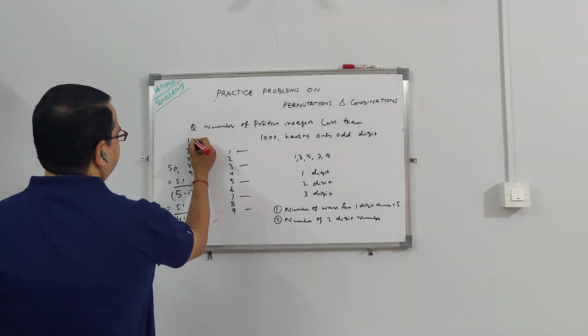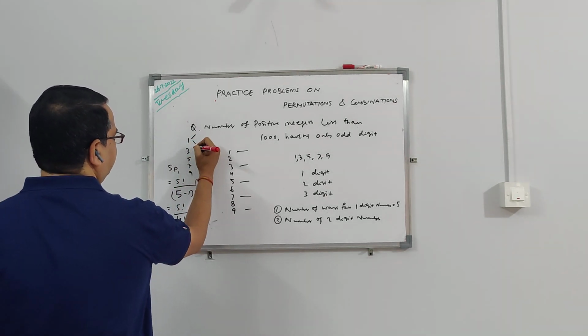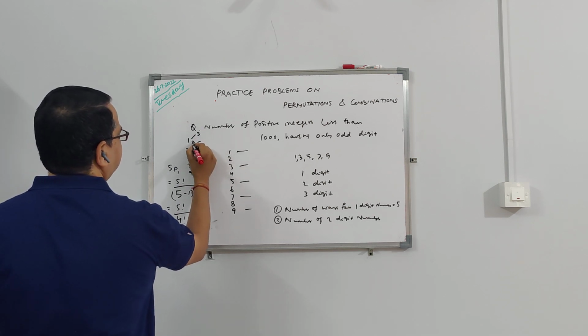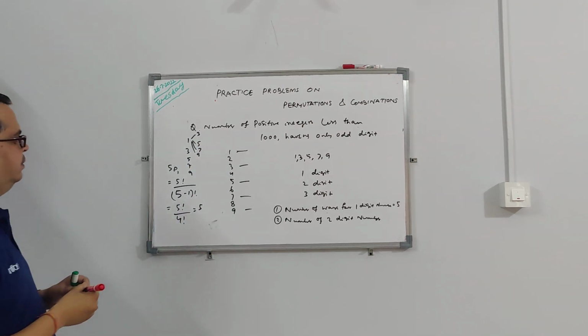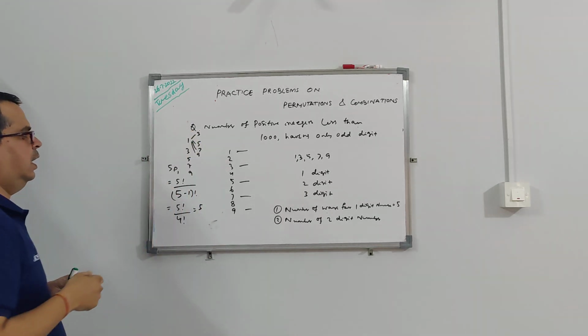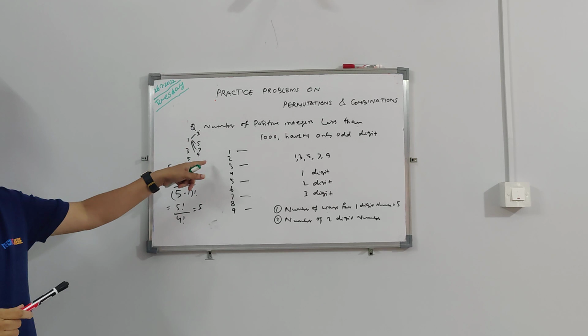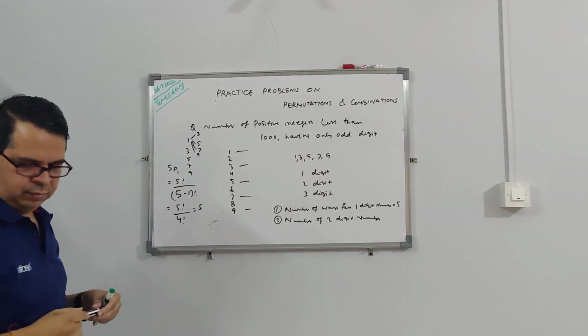Then the second one, if I have put 1 here, this can be 3, 5, 7, 9. Similarly with 3 also I'll have 4 ways. So it will become 4 into 5.